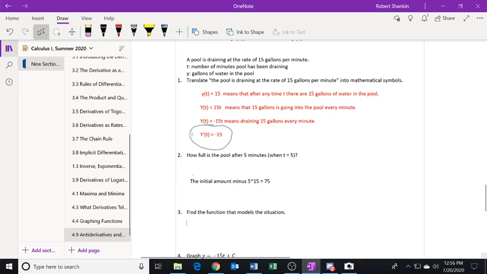Let's look. The derivative function is actually to the 0th power, though. Y prime of t is negative 15. So if we go 1 power higher than that, we would get negative 15t. And then we get something like y equals, but we'd have to have an initial amount.